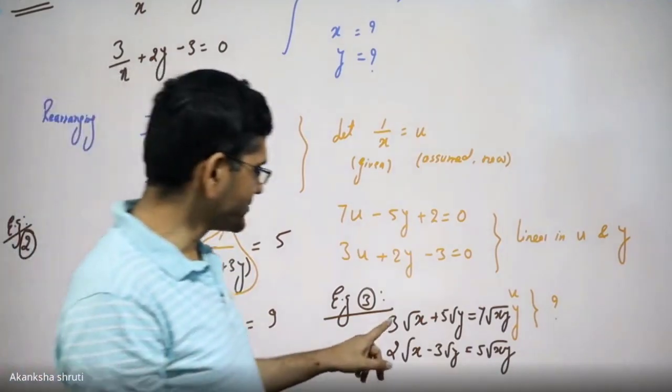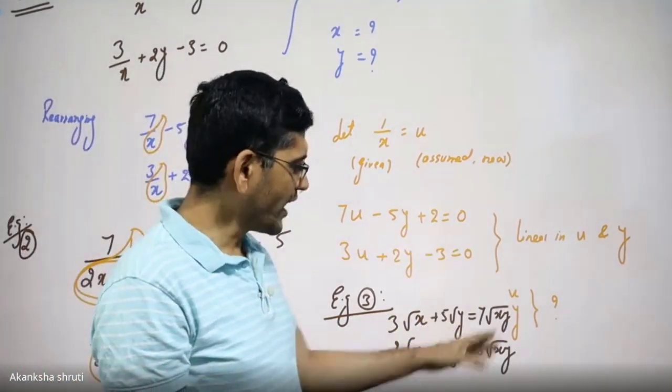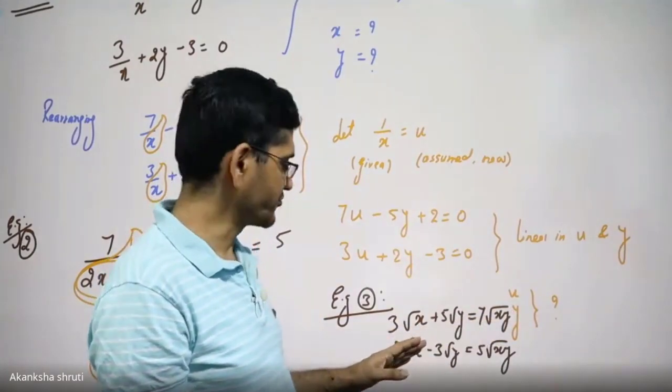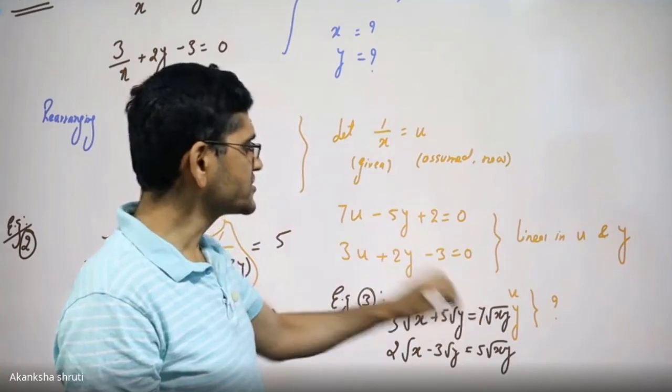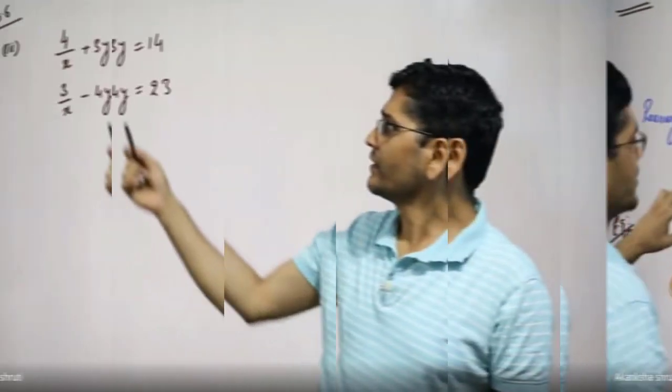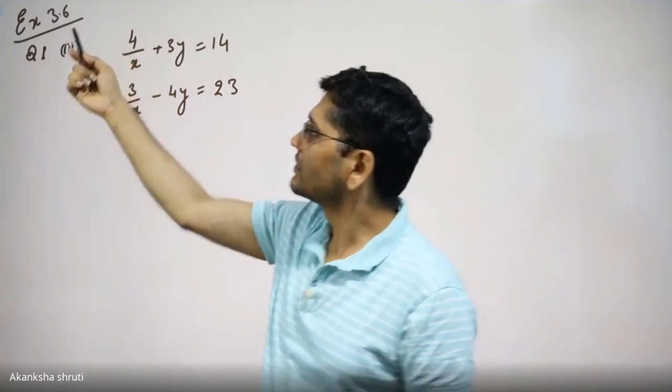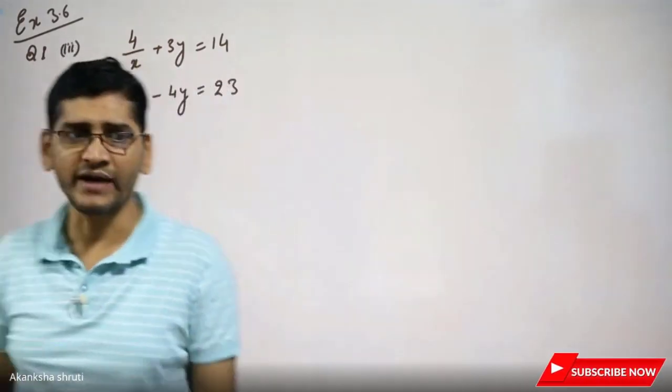Even if we have the under root x, under root y like this, it can be converted into a pair of linear equations. So how to solve such questions? Let us take one of the questions from our exercise 3.6, question number 1, third part.